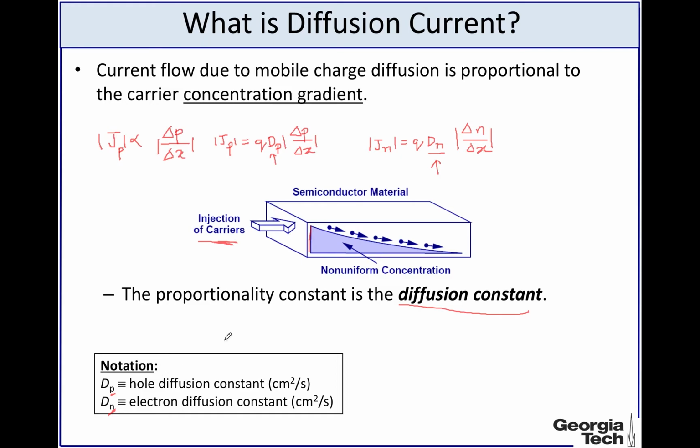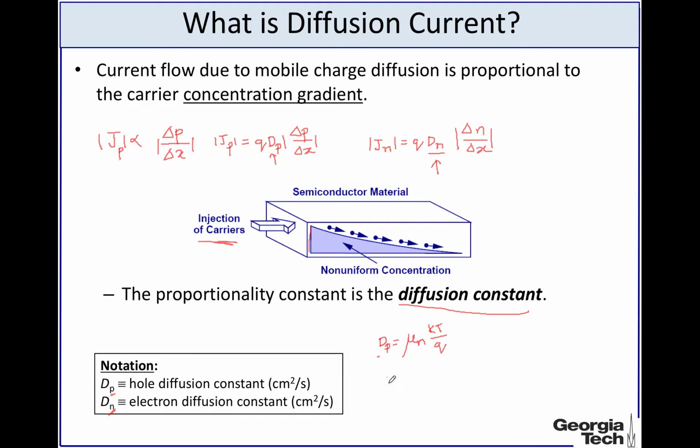This is called diffusion current, and this diffusion constant is related very closely to the mobility. This is an equation derived by Einstein, and it says that the diffusion constant is proportional to the mobility, and the constant of proportionality is kT over q.